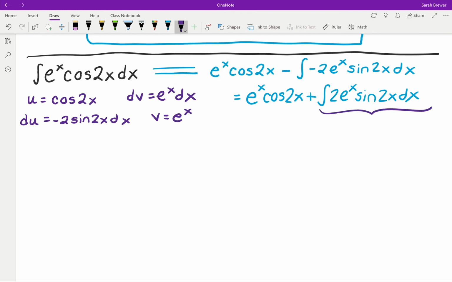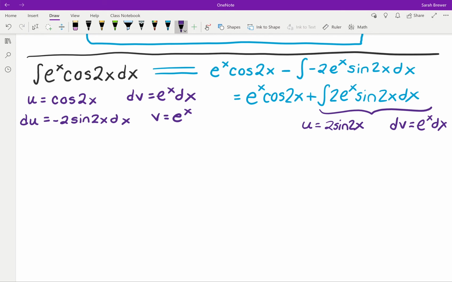Okay, so again, I'm doing a u substitution. I'm going to keep my dv as the e to the x dx part, and my u is going to be the 2 sine 2x part. I want to be consistent with what I call my u and dv, because if I had let my dv be the sine part and my u be the e to the x part, I really would just be going back right to where I was.